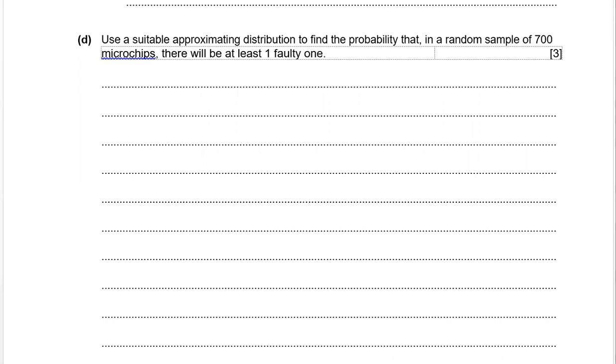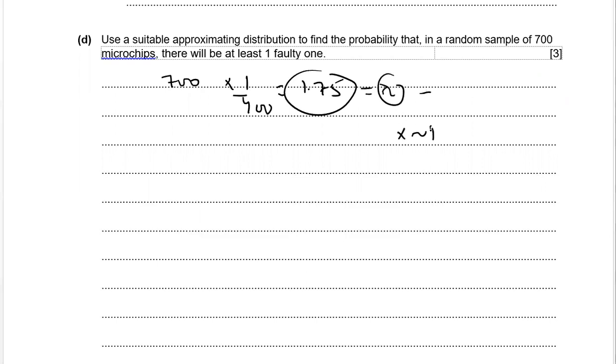Now it says that using a simple suitable approximating distribution to find the probability that in a random sample of 700 chips. So now 700 chips, so 700 n into p. This is the new mean or the new lambda, right? So x is following Poisson 1.75.